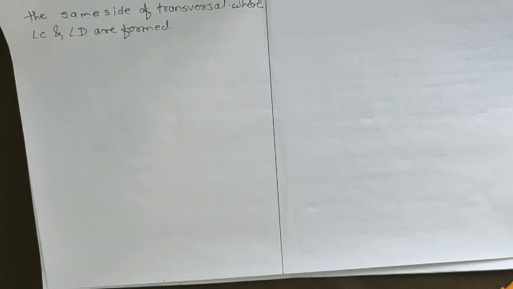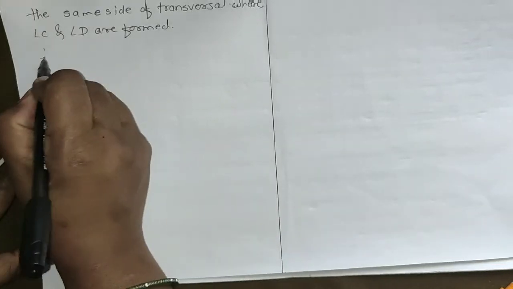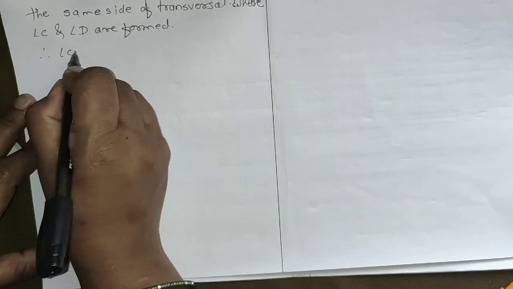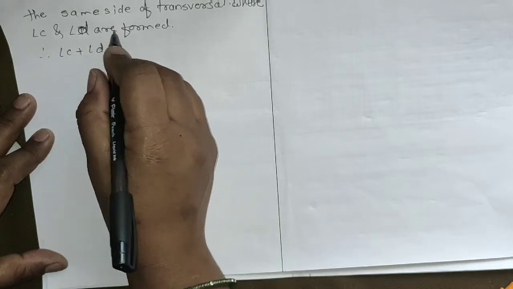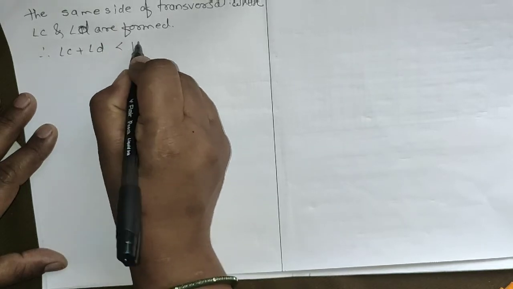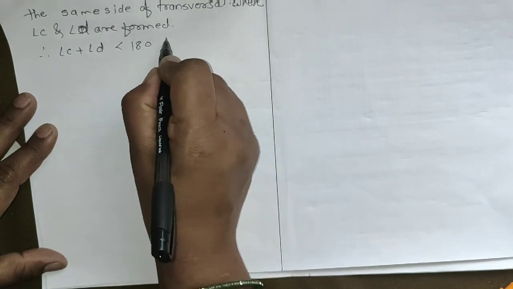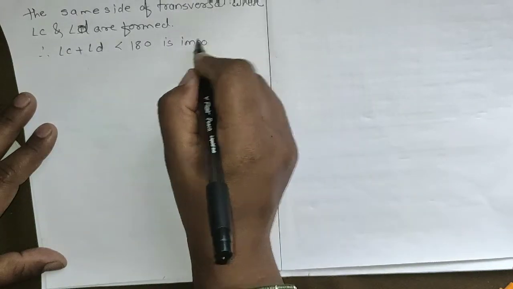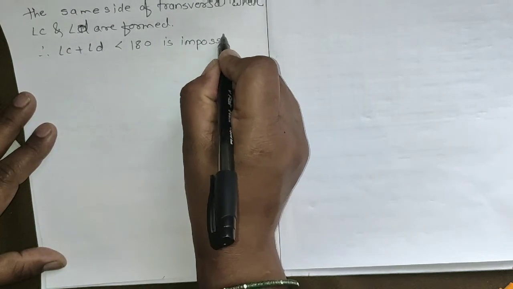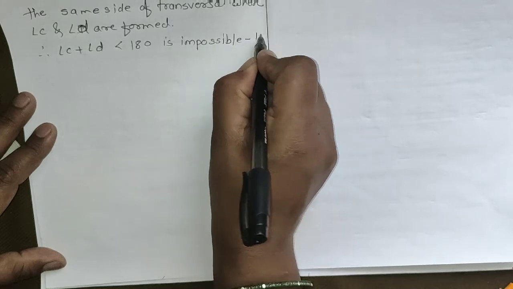Okay, so here write, therefore angle C plus angle D, this is small d, is smaller than 180 is impossible. This is also impossible. If it is possible, then they intersect each other. Okay, then that is our second statement.